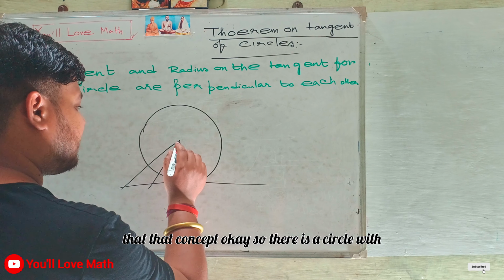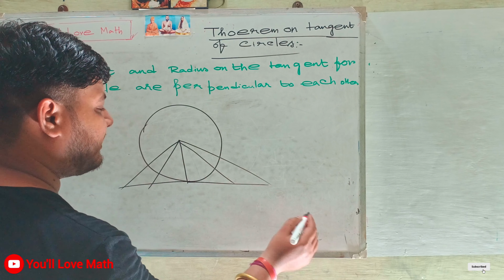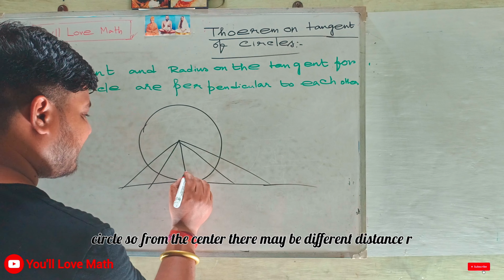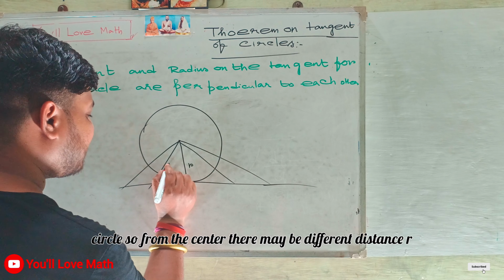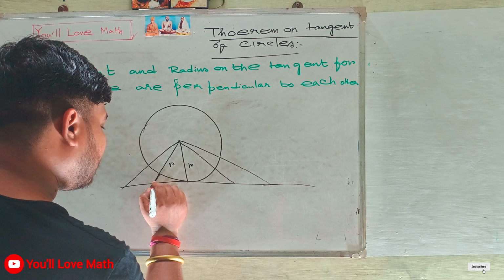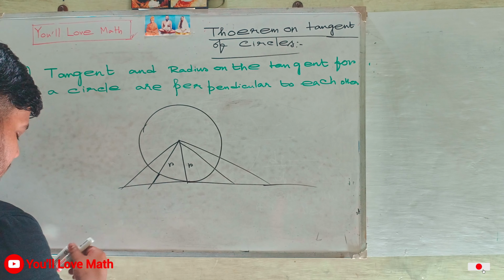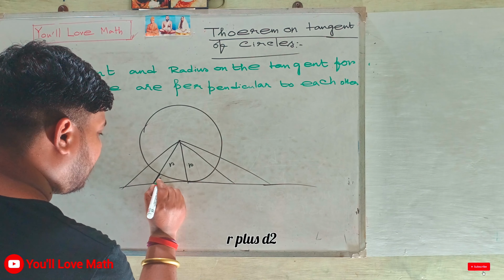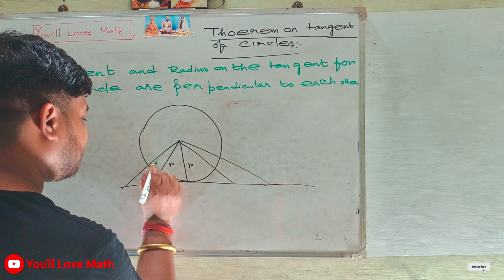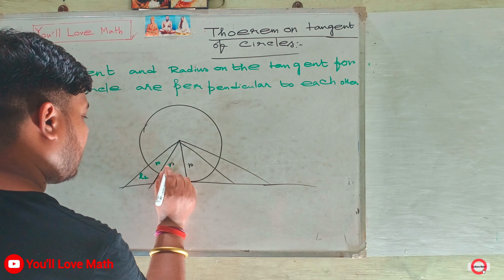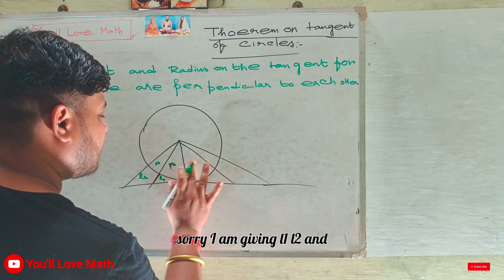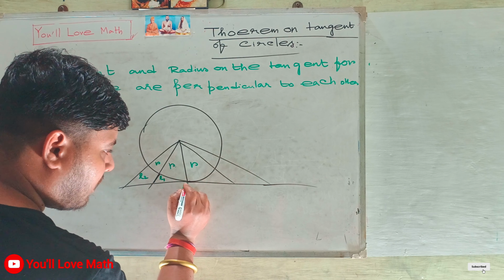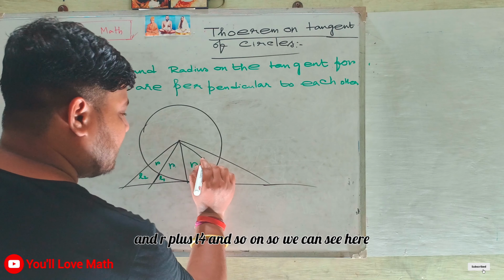There is a circle with radius r, and there is a tangent touching the circle. From the center there may be different distances: r plus l1, r plus l2, r plus l3, r plus l4, and so on.